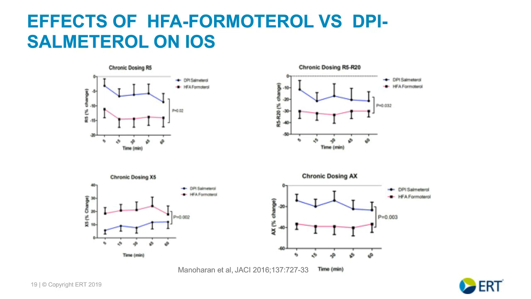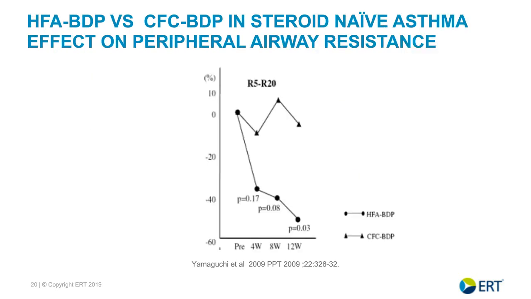And you see the same thing with inhaled steroids. So here we've got a comparison head-to-head over 3 months of large particle CFC beclomethasone and small particle HFA beclomethasone, looking at peripheral airway resistance R5, R20.